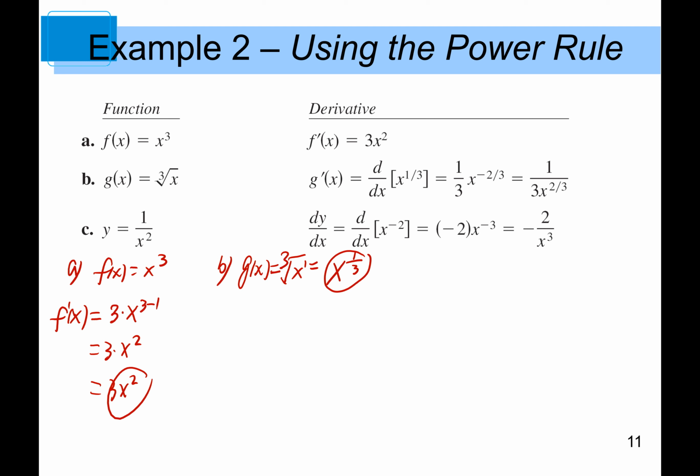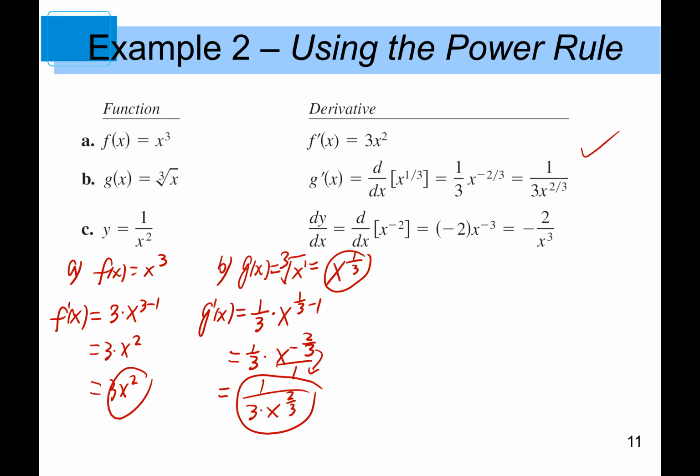Now it becomes an exponent. Next, you just use the power rule: put the exponent in front, reduce the exponent by 1. So you get 1/3 times x to the negative 2/3. Then make it a fraction, flip the exponent to the denominator, so it becomes 1 over 3 times x to the 2/3. Okay, that matches what we have here.